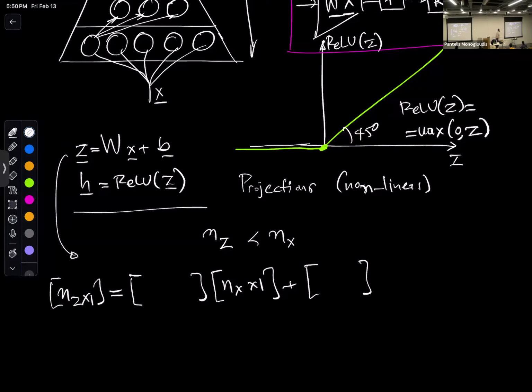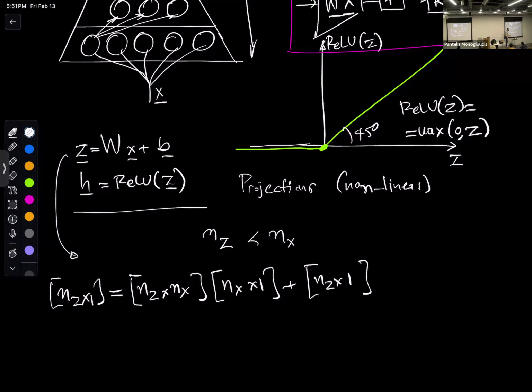Tell me what this should be and what this should be for this equation to be implemented and result in a vector of NZ dimension. NZ cross NX, plus NZ cross 1. That's how we do the dimensionality matching.